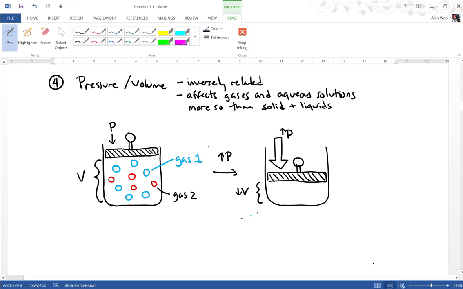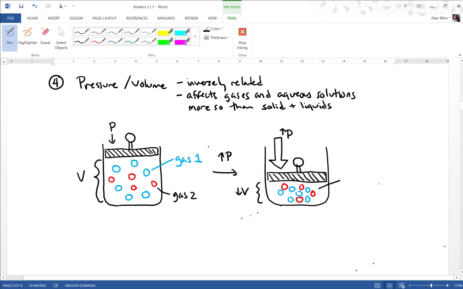And because that volume decreases, the number of particles inside gets squeezed together. There's less space. So what we see now is molecules are closer to each other.